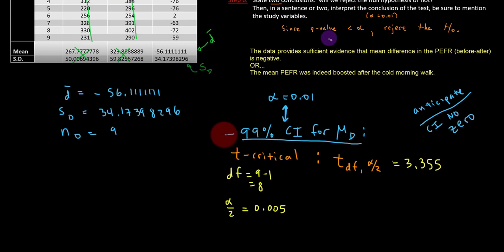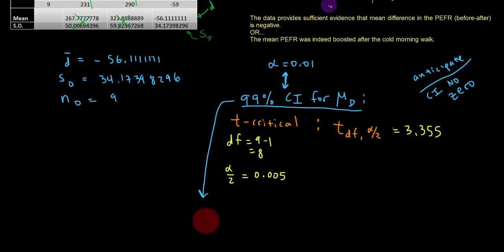Okay, let's get on with our calculation now that we have all the bits and pieces sitting in front of us. It starts with the sample mean, which was negative 56.111111111, plus or minus the t critical 3.355.